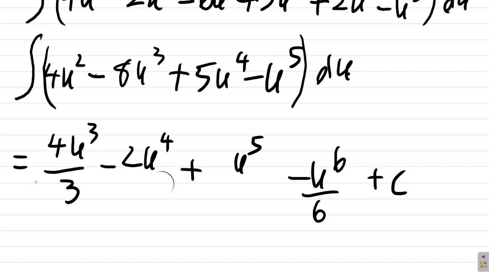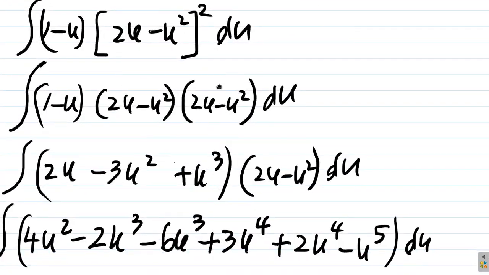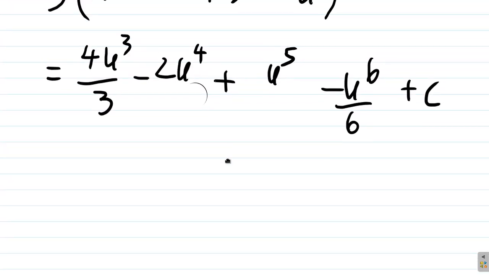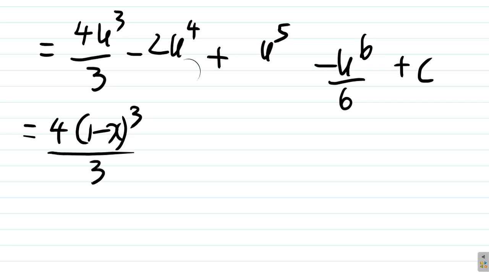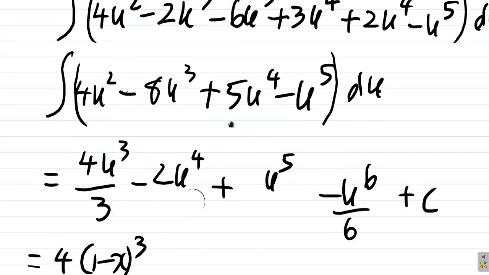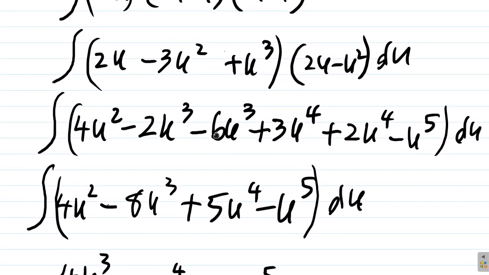Now, what was u again? u was 1 minus x, so let's rewrite everything in the form of x. So this is equal to 4 times (1 minus x) cubed divided by 3, minus 2 times (1 minus x) to the fourth.